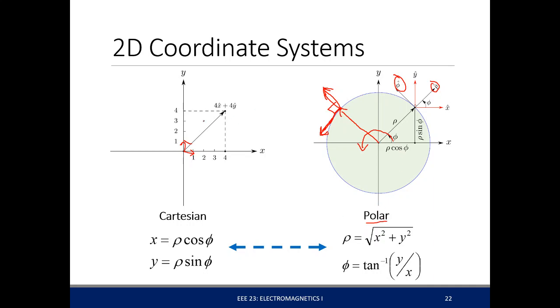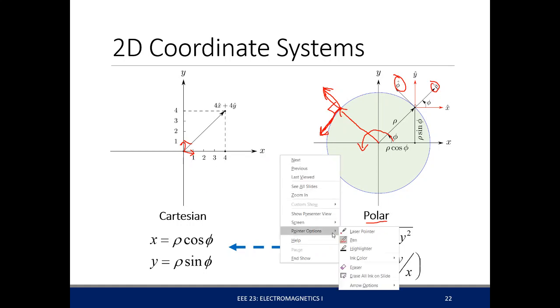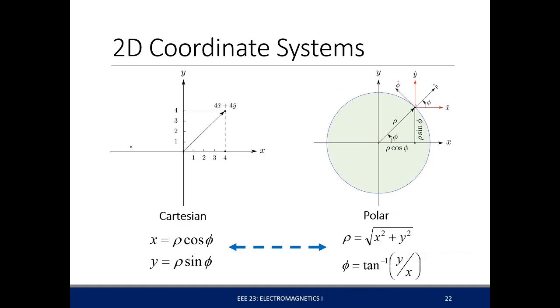So how do you relate the Cartesian coordinate system to the polar coordinate system? Well, if you have a vector originating from the origin, this vector has length rho. And the angle between the x-axis and that vector is your value of phi.